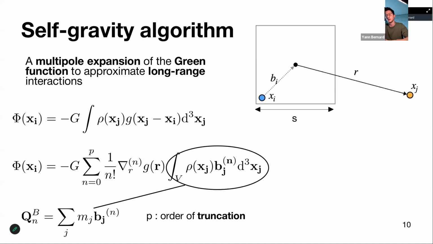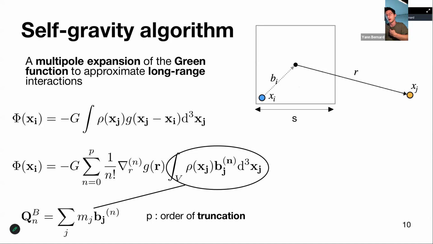The goal here is to remove this integral on the whole volume and replace it by an integral on only a cell, where we compute the mass moment of a cell inside our simulations, in order to just compute an interaction between one particle and one cell, which saves a lot of interactions, because you have multiple particles inside the cell.